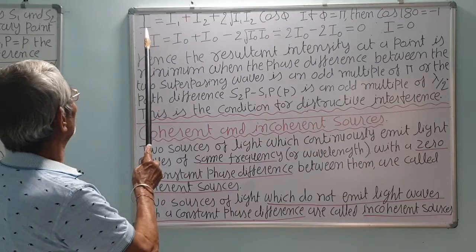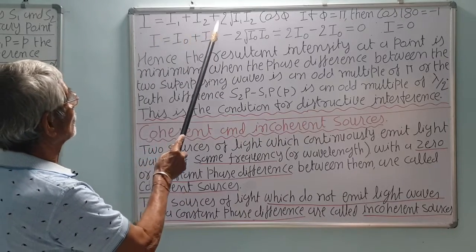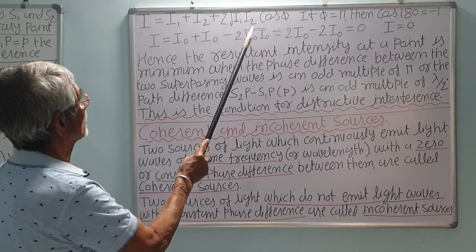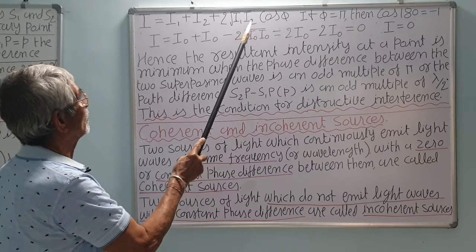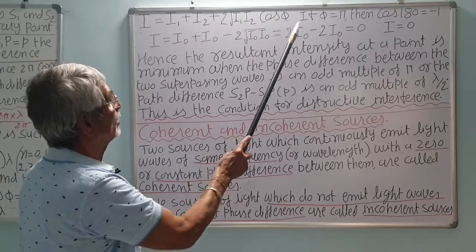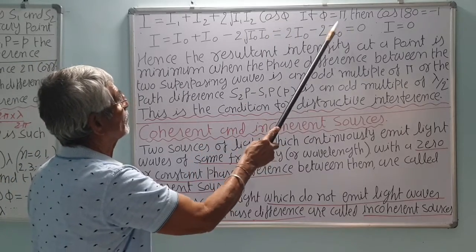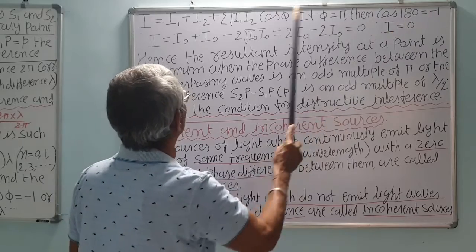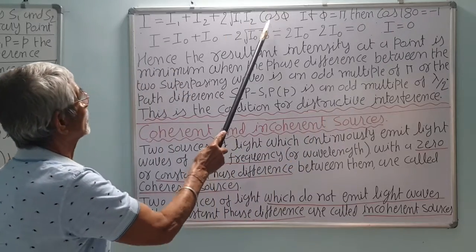Then intensity will be I is equal to I1 plus I2 plus 2 under root I1 I2 cos phi. Consider the same equation again. If phi is equal to pi, that is 180 degrees, cos is minus 1. So this term is minus 1.